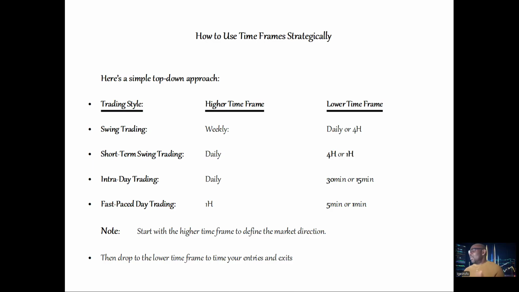You catch some pips, you make money, but you will still give it back to the market. That is a problem. If you refuse to align yourself with the higher time frame, there's one thing you need to note. Start with the higher time frame. With that, you'll be able to define the market direction. Then you drop to the lower time frame to time your entries and exits.